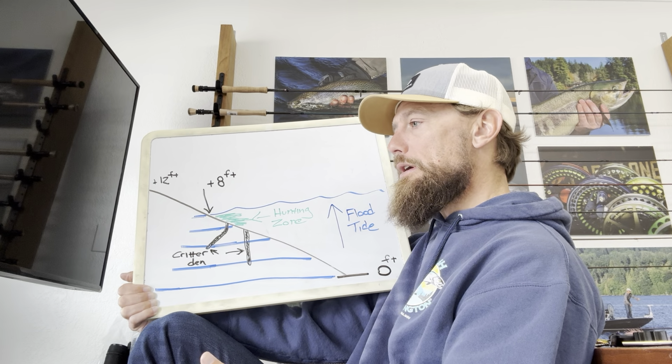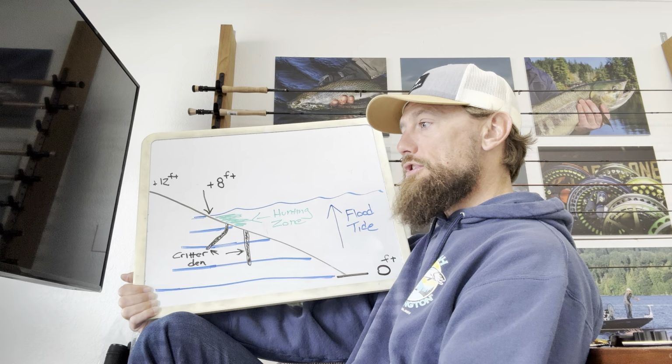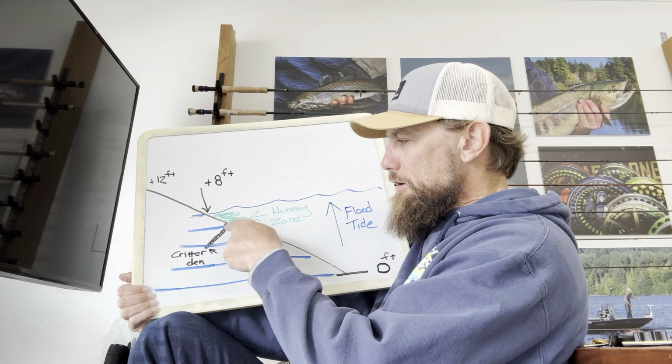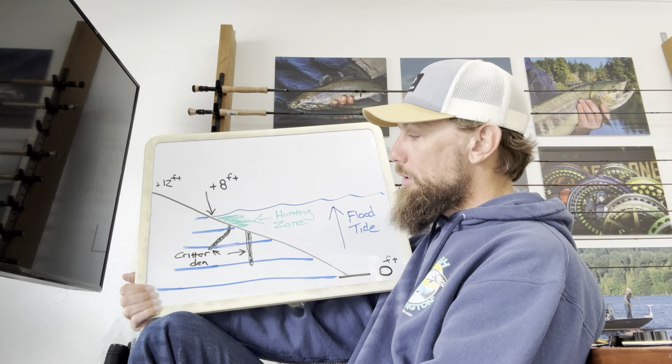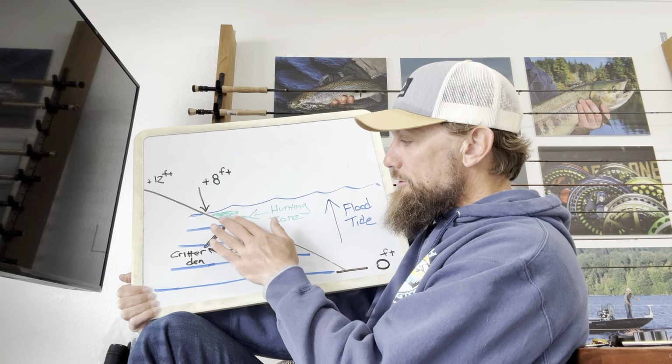There's less time, these are faster moving, and they're close to the security of not only the super shallow water, but also their structure here, and there's dens and stuff that they can get into, or little rocks they can go under. So lateral casts, fast retrieves.